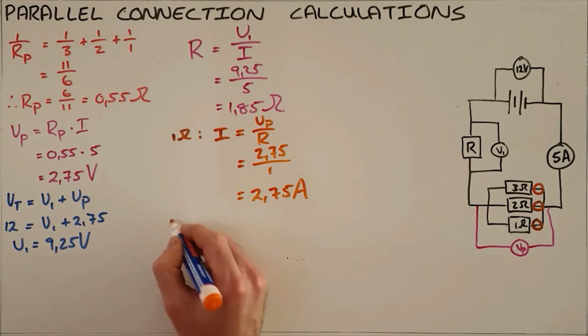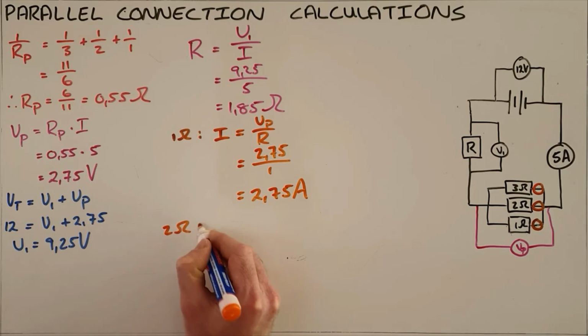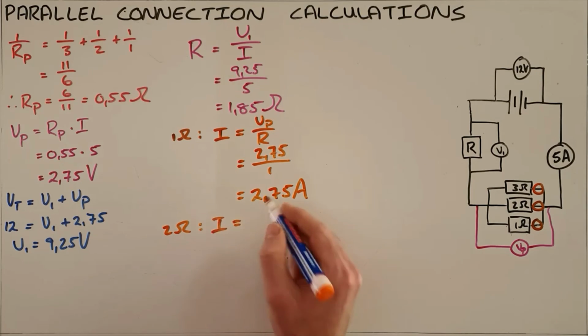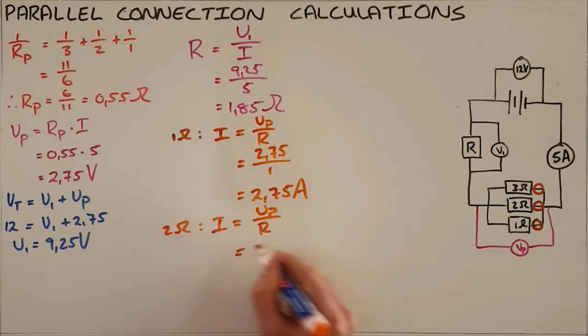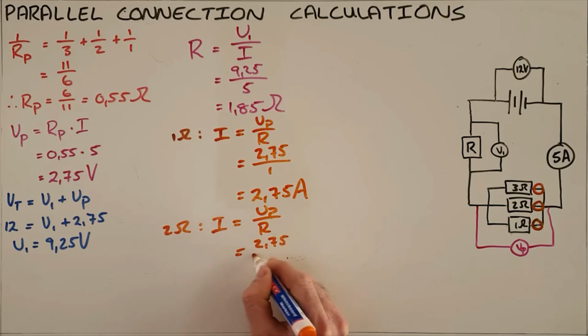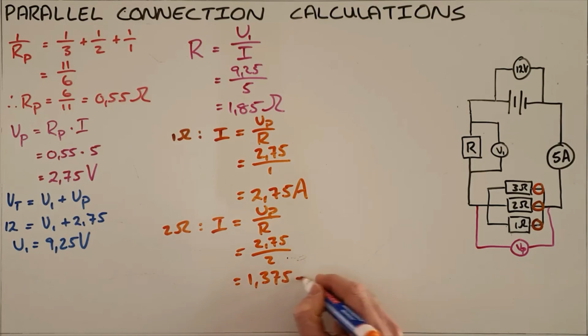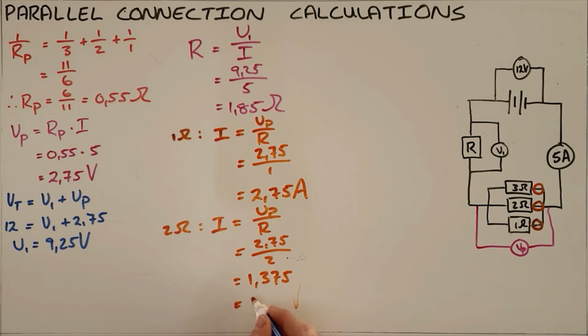We can then also calculate the current passing through the 2 ohm resistor with the same calculation, except now the voltage remains the same but the resistance changes, so it's now 2.75 divided by 2, which we find is 1.375, which we then round to 1.38 amps.